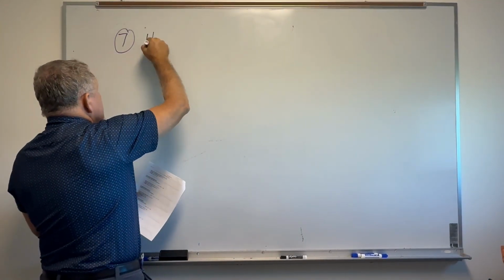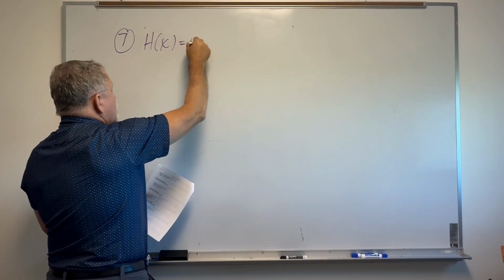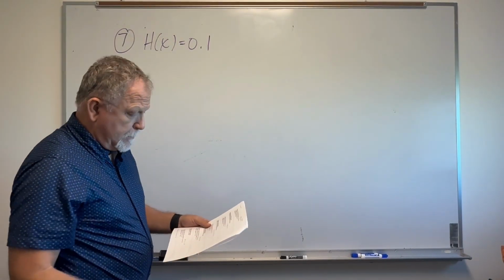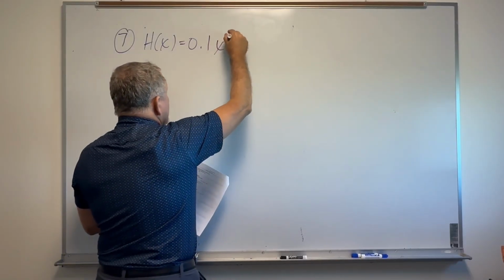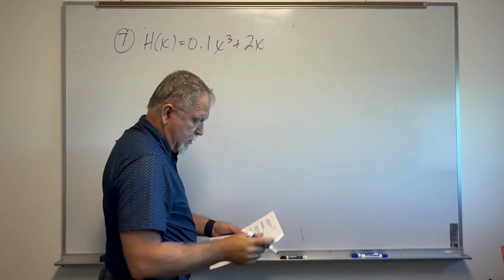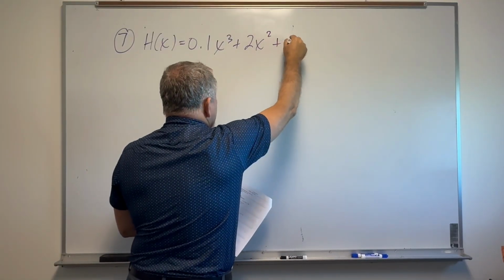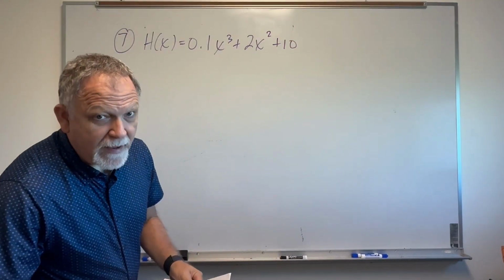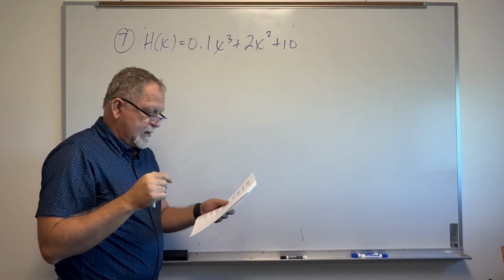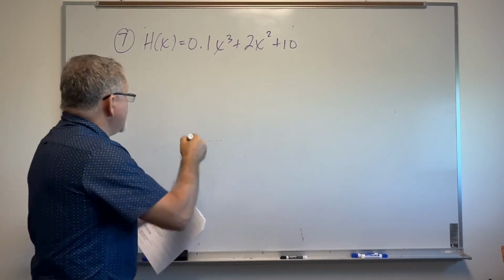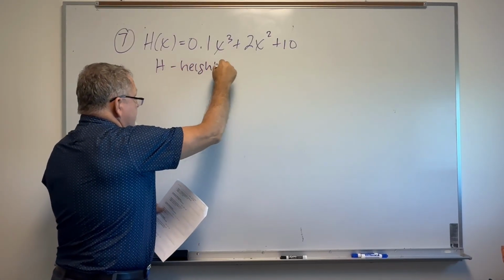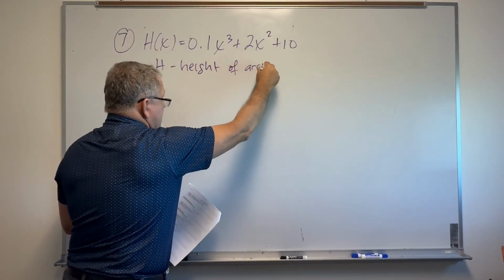h of x is equal to 0.1 x cubed plus 2x squared plus 10. I'm going to put my glasses on to make sure I got that right. That is the correct function. And we're told that h is the height of the arch measured in feet.